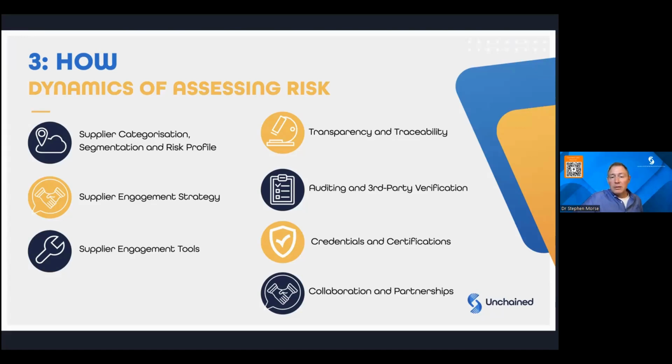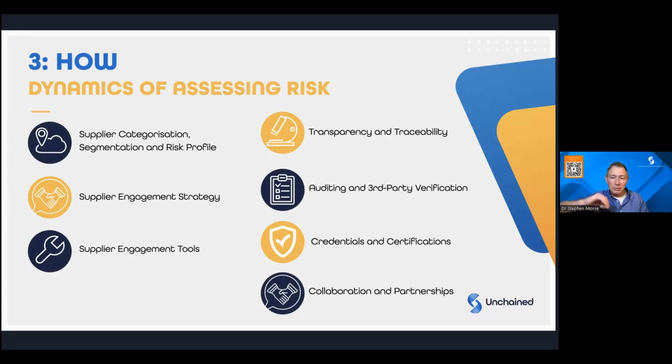That would lead on naturally to a supplier engagement strategy, and there are a number of supplier engagement tools that can be applied to enable the continuation of that dynamic. Going deeper, there are tools around transparency and traceability. And this is where, instead of going broad in our supply chain, we're going narrow and deep.